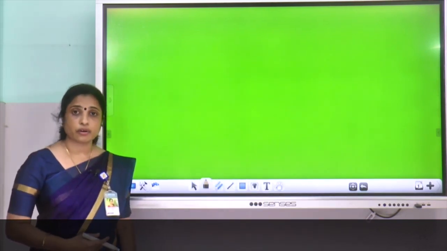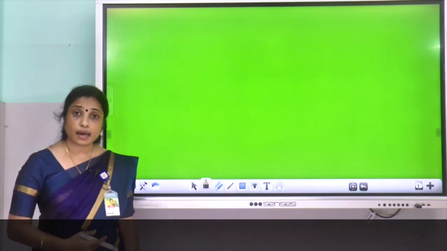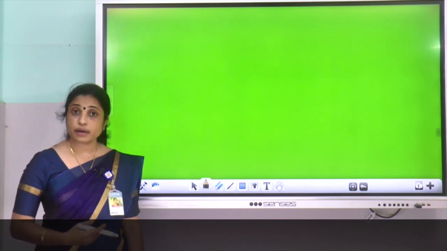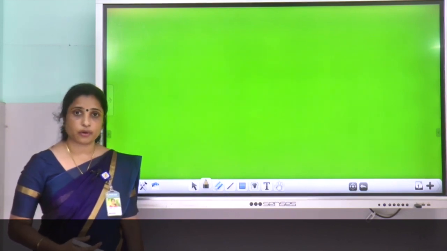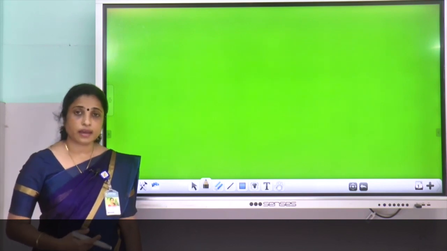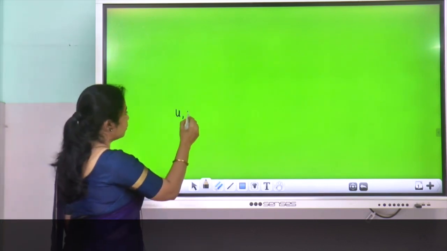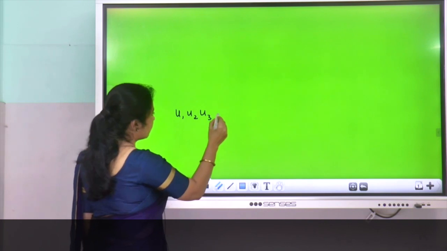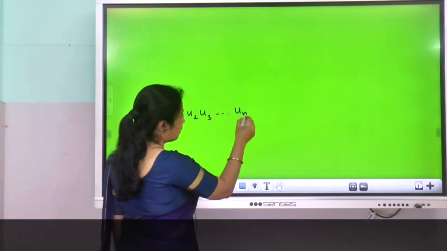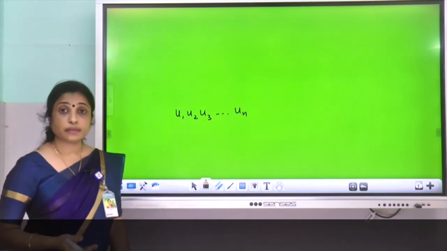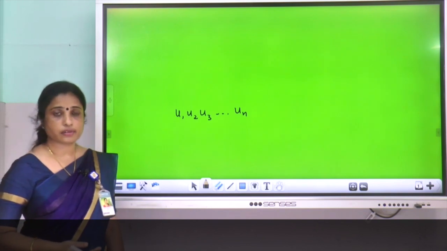With the knowledge of drift velocity and relaxation time, let's try to derive an equation for drift velocity. Consider a conductor having n number of electrons. Let U1, U2, U3, etc., up till Un be the random thermal velocity of the electrons.